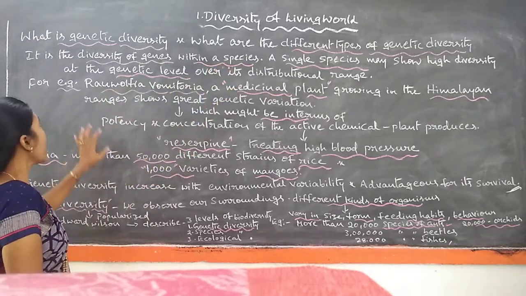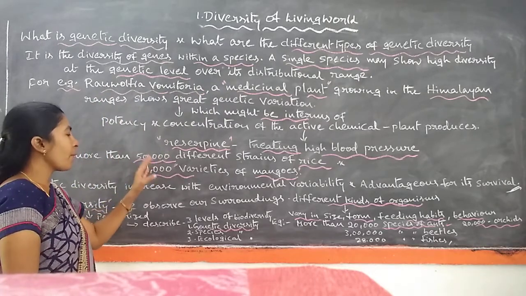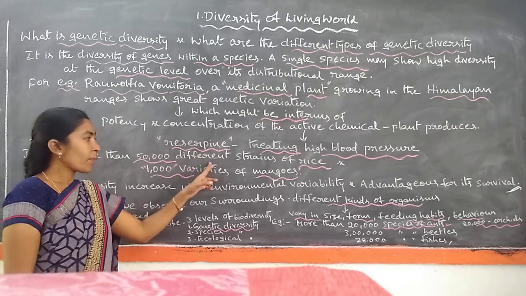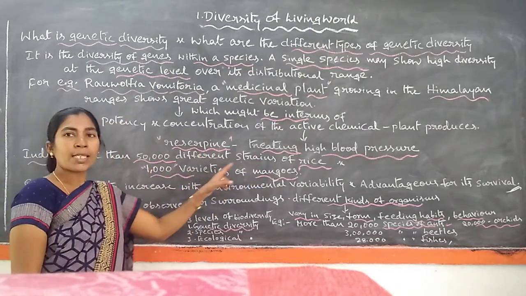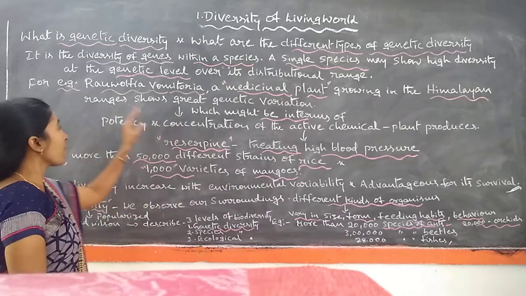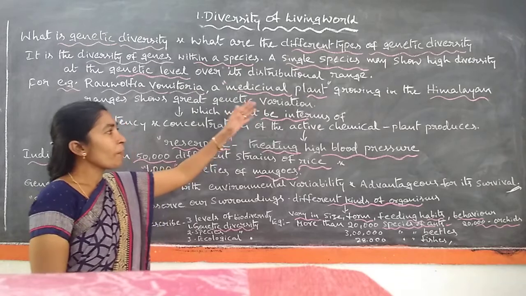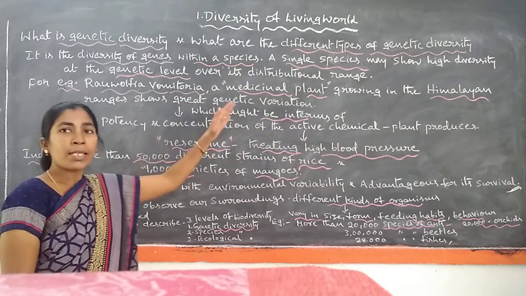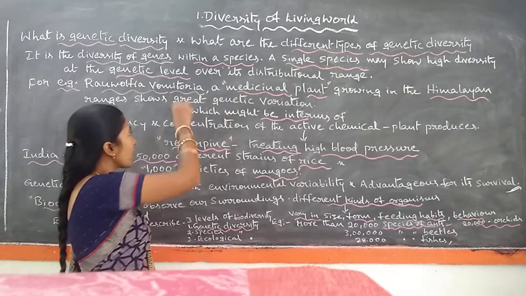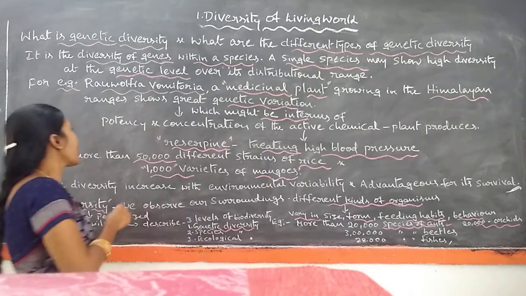So 50,000 different strains of rice and 1,000 varieties of mangoes are present. Even Rauwolfia vomitoria has different types of plants, so this species also has great genetic variation.